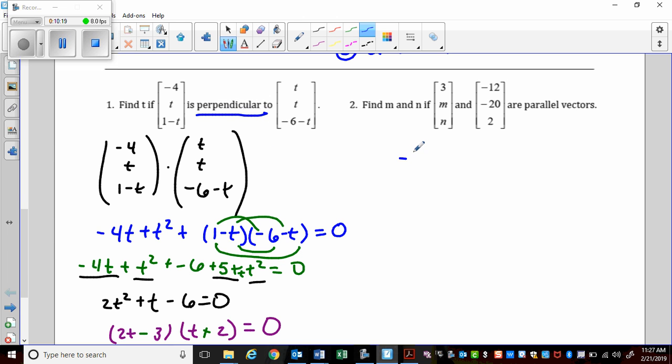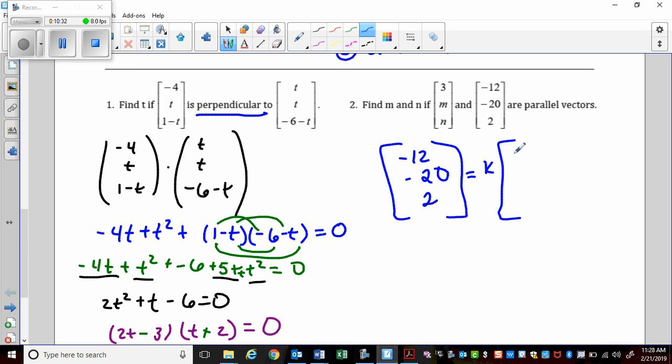I know that this is negative 12, negative 20, and 2 equals, this has to be k times 3, and then m and n. Alrighty. So I'm just going to set up like an equation. Negative 12 equals 3k, 3 times k. If I divide by 3, k is going to be equal to negative 4.